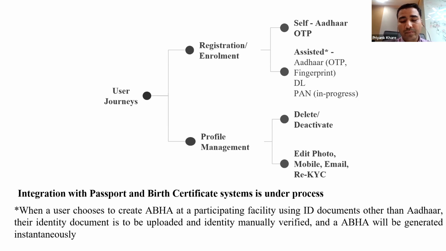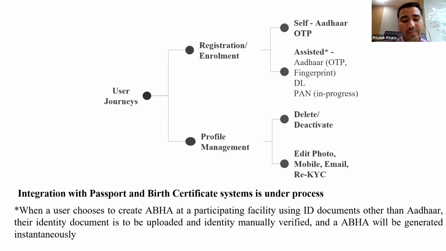Second is assistant mode, in which we can create Aadhaar via driving license and PAN. Even PAN it's still in the process, and via Aadhaar biometric as well. So in assistant mode, in the process, you need to enter the details as mentioned, or the driving license, and after the process you will get an enrollment number.